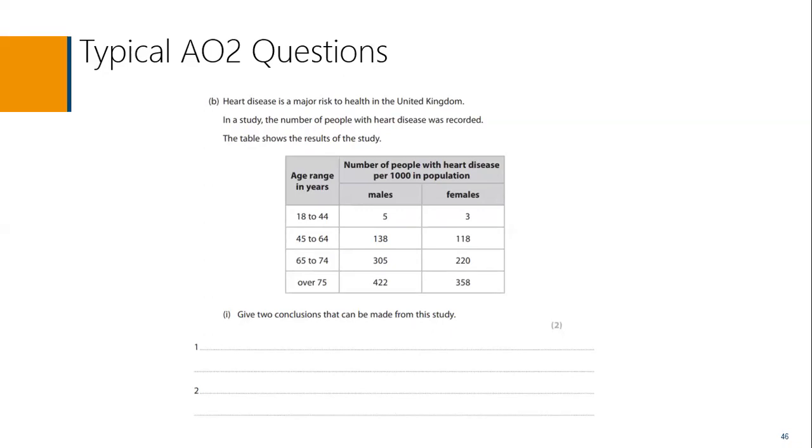The conclusions that you would expect them to make are that the incidence of heart disease increases with age, and the incidence of heart disease in males is greater than in females at any age. So it's analysis of data and applying knowledge, so therefore it is an AO2 question.